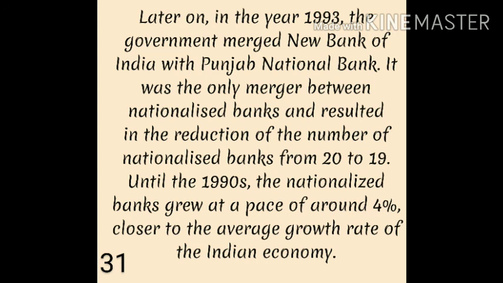It was the only merger between nationalized banks and resulted in the reduction of the number of nationalized banks from 20 to 19. Until the 1990s, the nationalized banks grew at a pace of around 4%, closer to the average growth rate of the Indian economy.